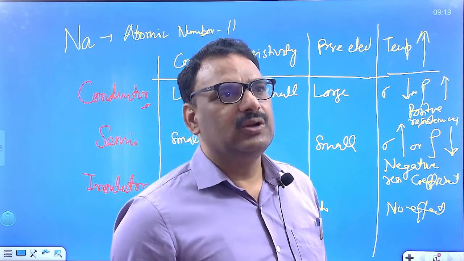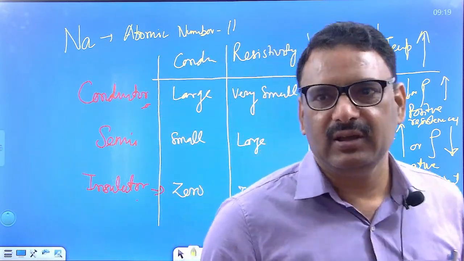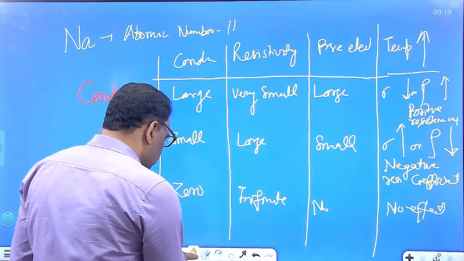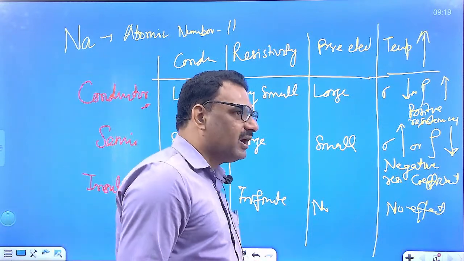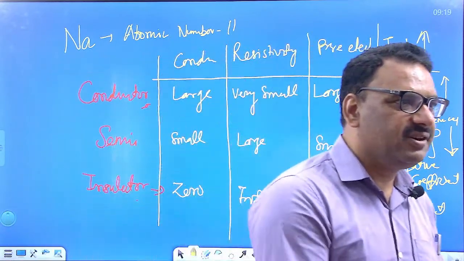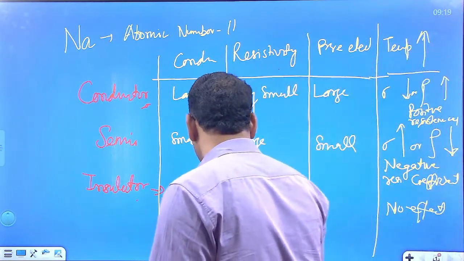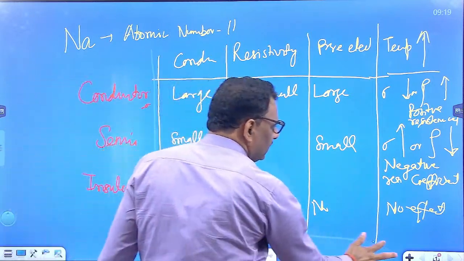The first theory is the Sommerfeld theory, then we have the electron theory, then the nearly free electron theory, then we have band theory. Nowadays we define the differentiation between semiconductor, conductor and insulator with the help of band theory. So what is band theory?